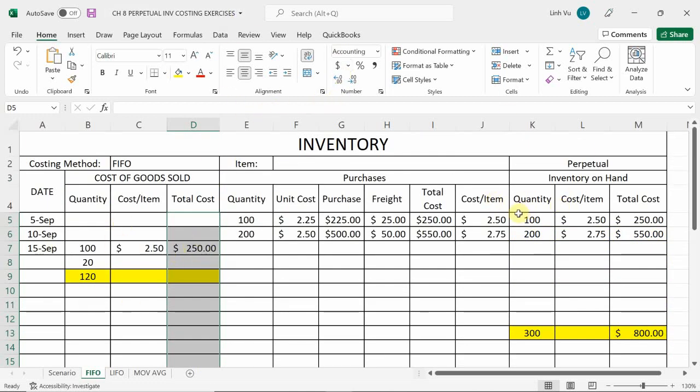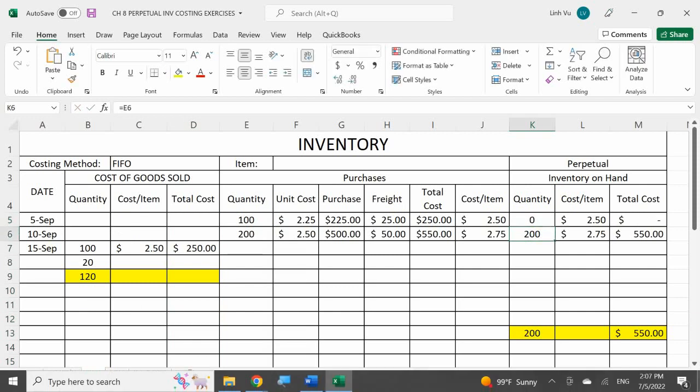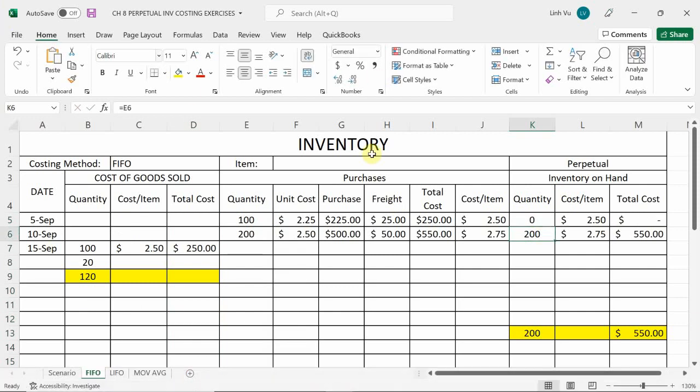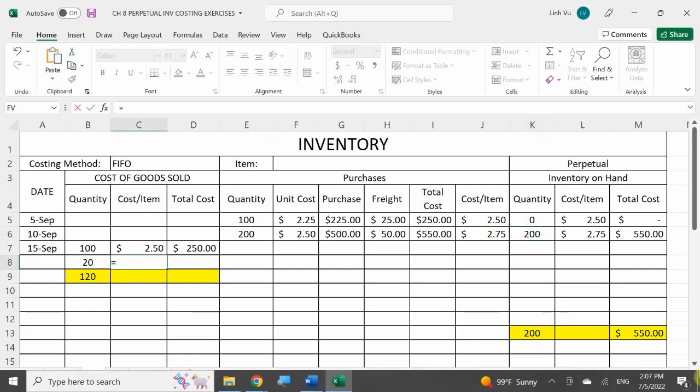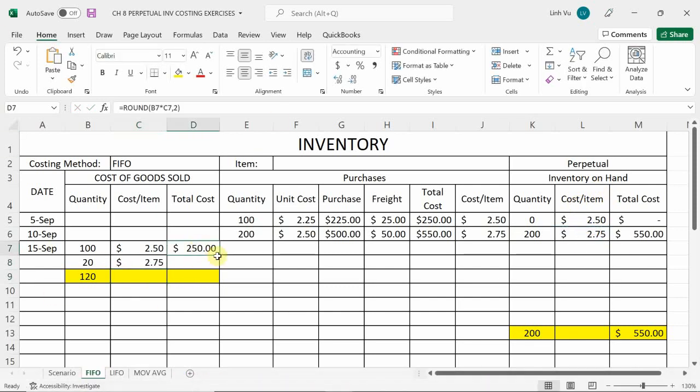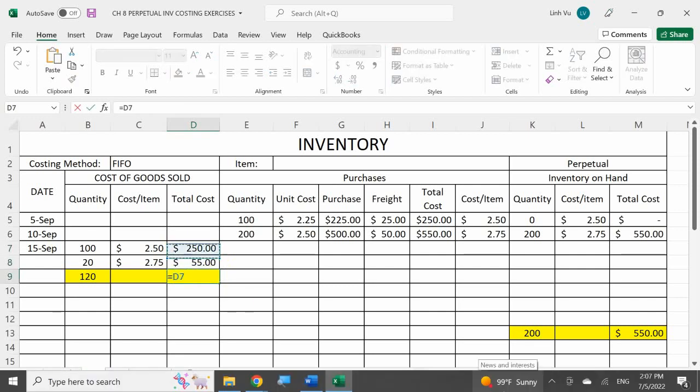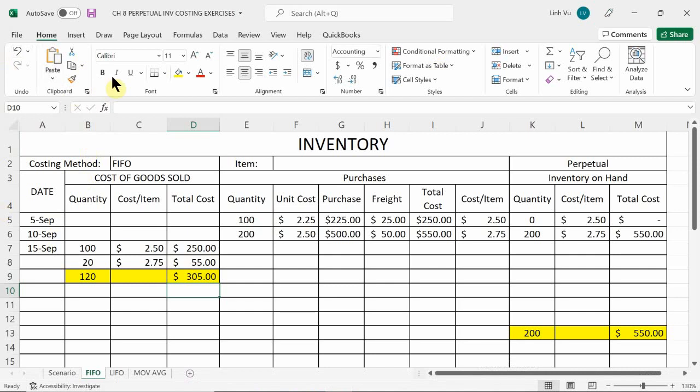So this 100 becomes 0. How many more do I need to sell from my only batch of inventory left? 20, at 275. How much is that going to cost me? $55. So in grand total, I sold 305 for the total of 120 units.